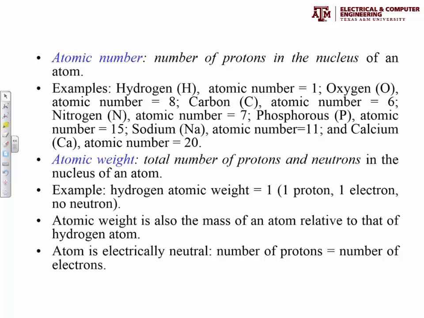Atomic weight is also the mass of an atom relative to that of a hydrogen atom, right? You also know that, okay? From the same considerations. Now we further know that an atom is electrically neutral, so the number of positively charged particles, that is protons, must be equal to the number of negatively charged particles, that is electrons. Again, nothing new so far.